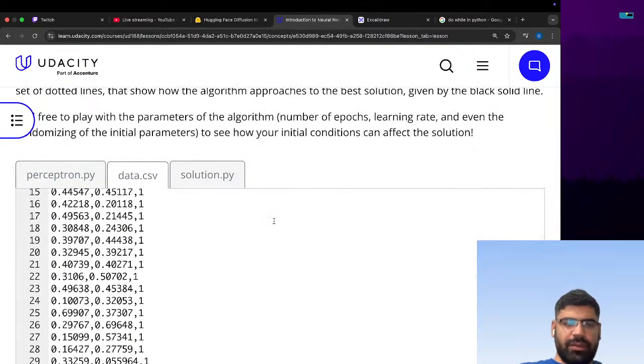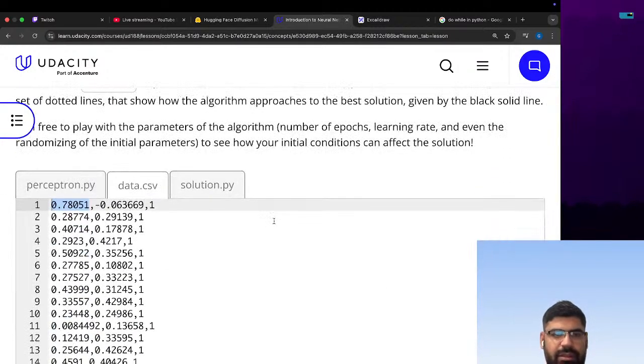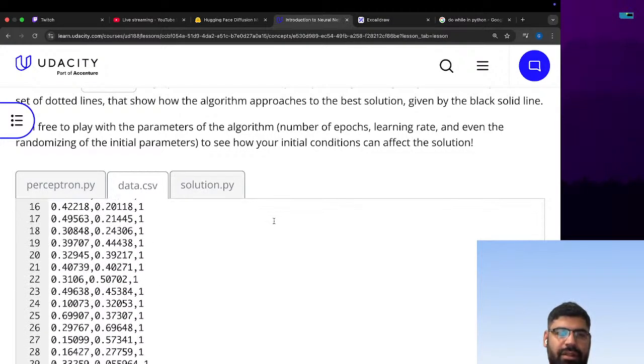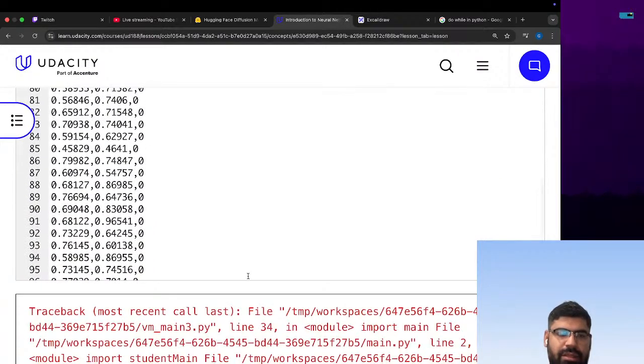So we are drawing a line. We have x and y coordinates and the label, whether it is labeled correctly or not. If it is not, then we are changing by a little.